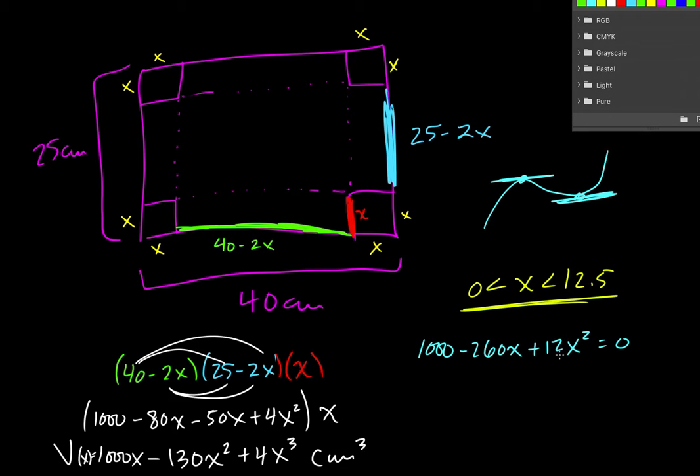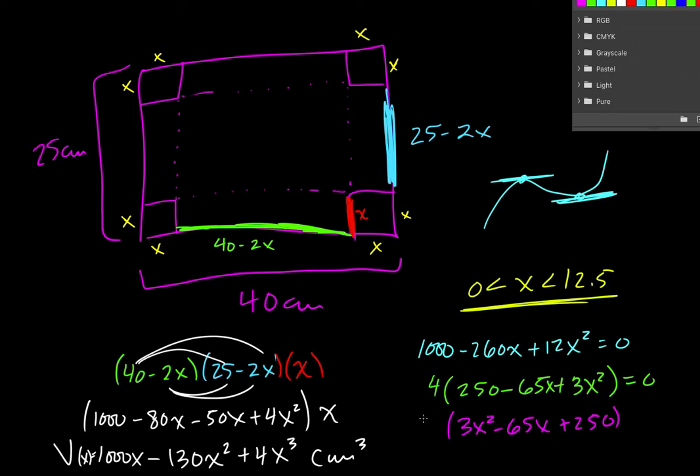And let's see, we can take out a 4 from everything. So we get 250 minus 65x plus 3x squared is equal to 0. And then if I reorder this, 3x squared minus 65x plus 250.